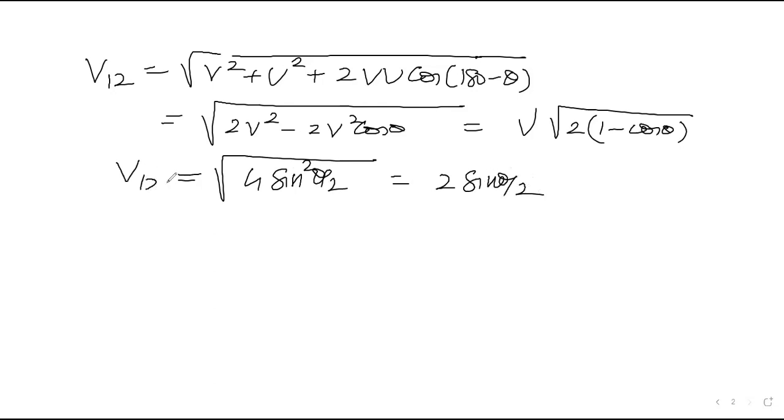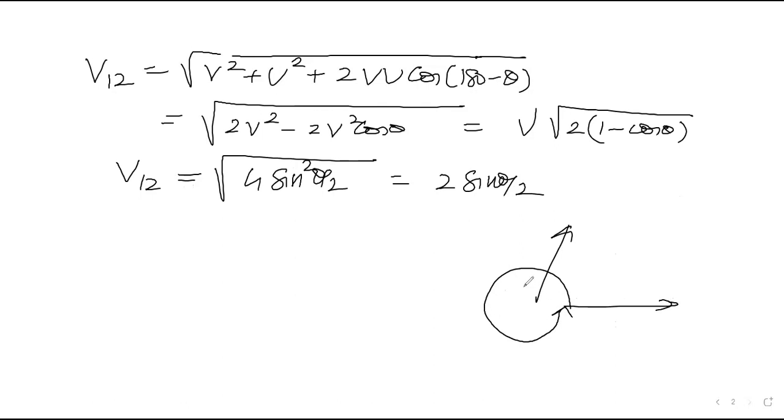This is the V12 magnitude. Now I have to find the average of V12. Again, there is a system of n particles, and n is very large. If I go on combining all these particles with different velocities, it will cover up the entire angle of 360 degrees.